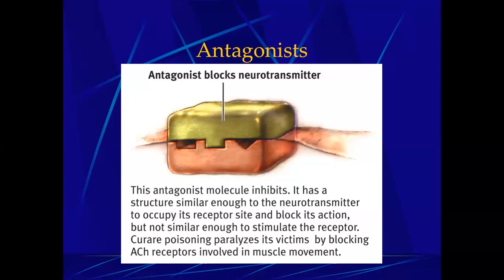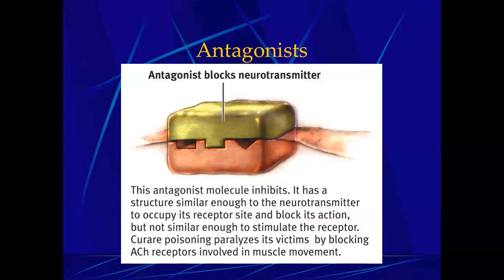And in fact, that's what the neurotoxin curare does, right? So you might have heard poison darts. What it does is it freezes or blocks the acetylcholine receptors.